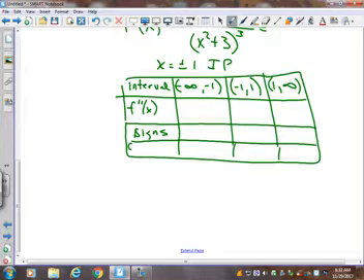But now the last line will tell about concavity. Is it concave up or down? So the only difference in this table and the previous table is I'm using second derivatives and I'm telling concave up or down instead of increasing, decreasing. Does that make sense to everybody? Just a slight difference on our sign chart.